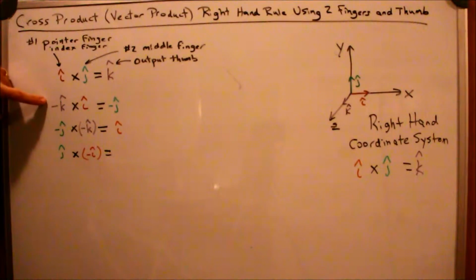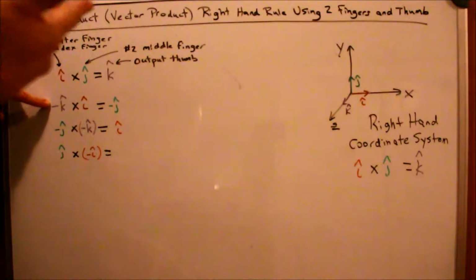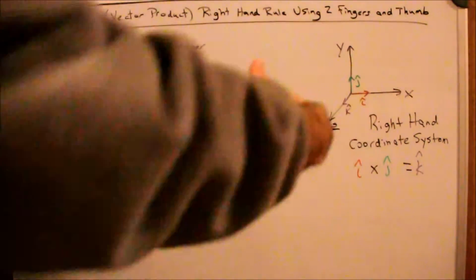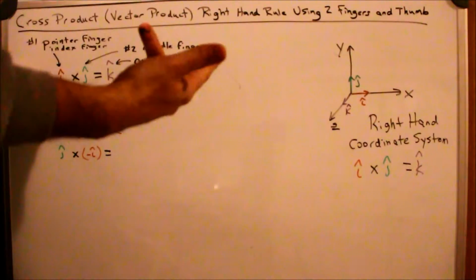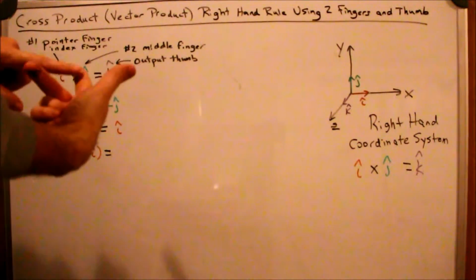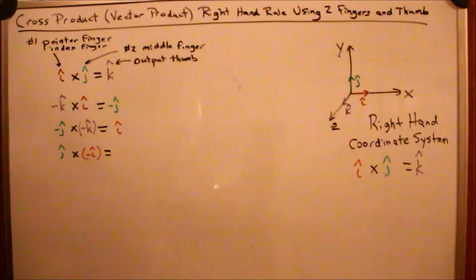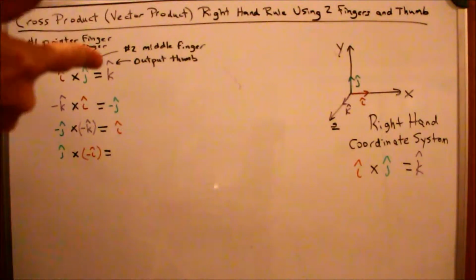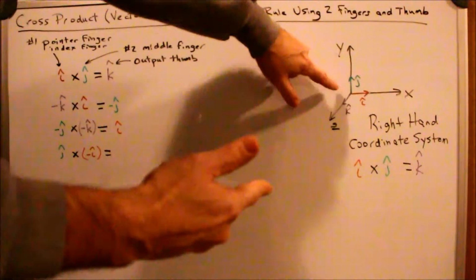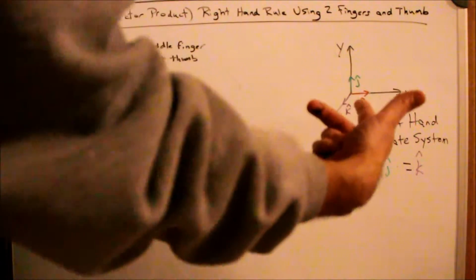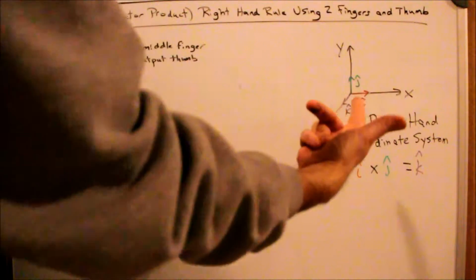So therefore, this is a coordinate system where i hat cross j hat equals k hat. Let's try some other problems, and you always keep your fingers like this. You rotate your hand around so the first pointer finger goes in the direction of the first term. It says minus k hat, and minus k hat is into the board. So now I have my first finger pointed into the board.